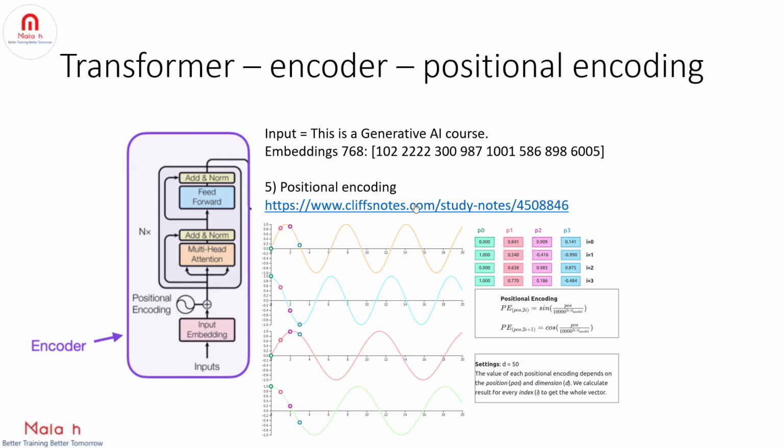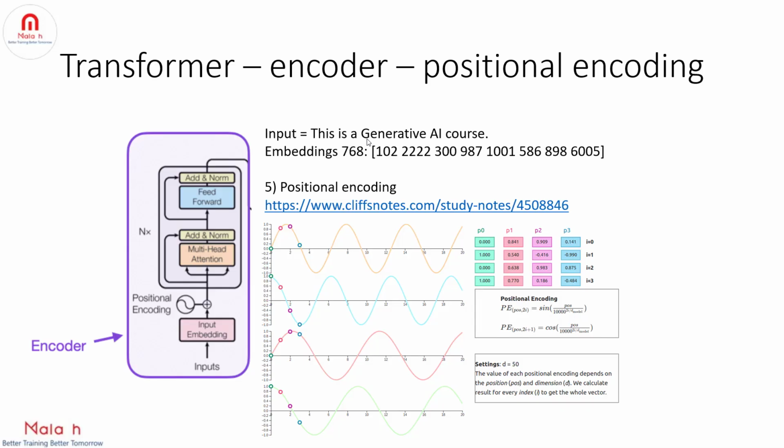We need some function which can generate a continuous index or continuous number. That is, the 0th index stands for CLS, the first index stands for this, and the second index stands for is, etc. And if the index repeats, then we will be confused. So the index should not be repeated and each token should have a unique index.